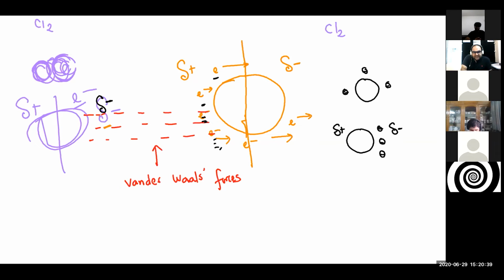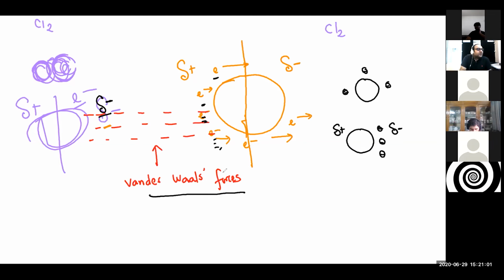So between partially negative and partially positive, what type of forces will arise? Van der Waals forces. Van der Waals forces are the weakest type of intermolecular force.